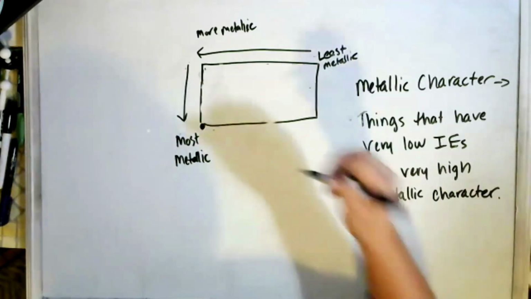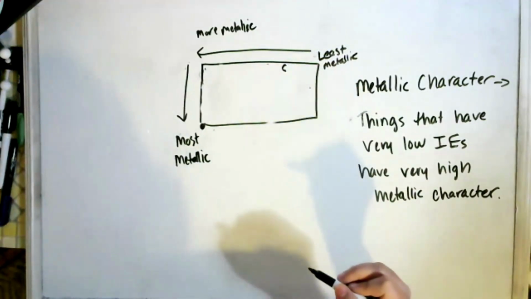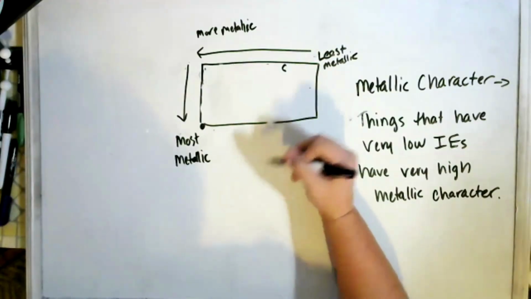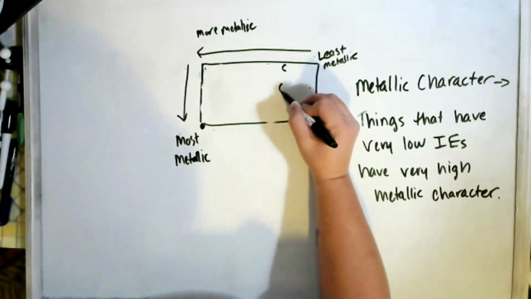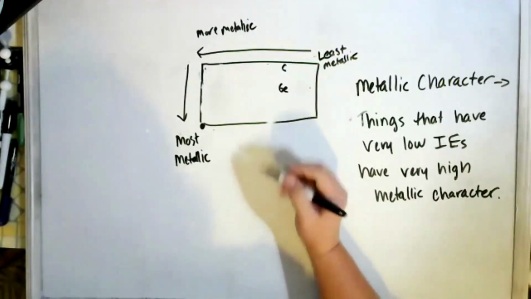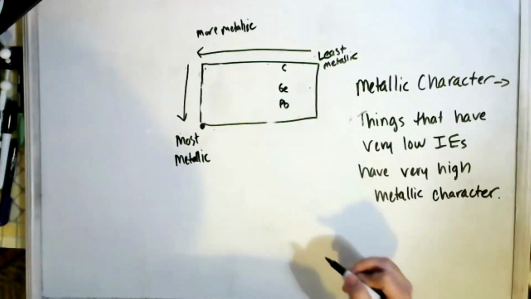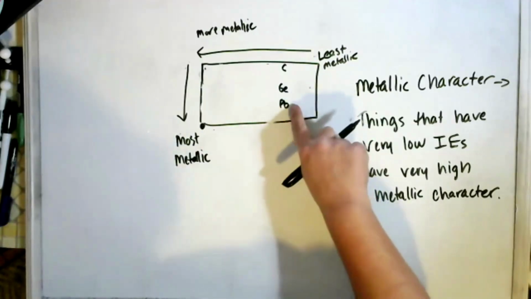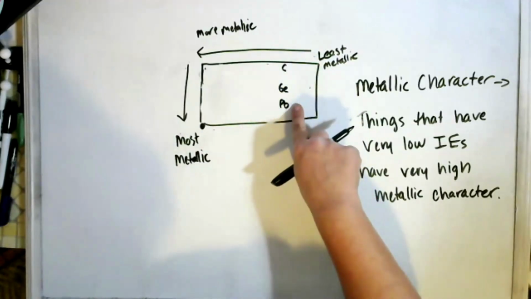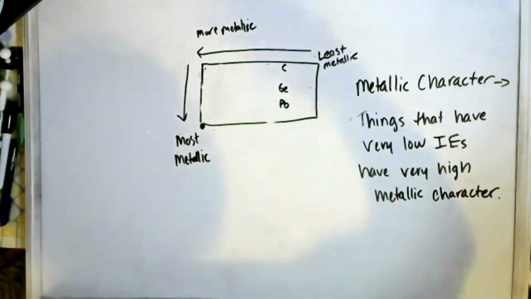Carbon is up at the top of column 4. And then they give us germanium, which is a couple of elements down. And then they give us lead, which is a couple of elements below that. So these are all in the same column. So they're really just asking us to compare vertically. Like in this column, what's going to be the most metallic and the least metallic.